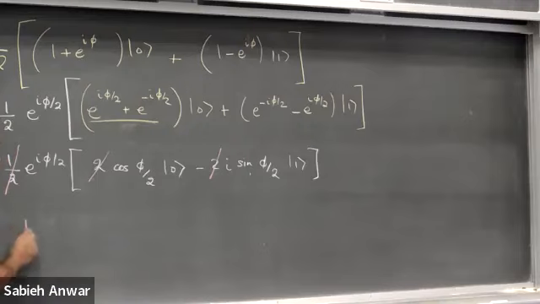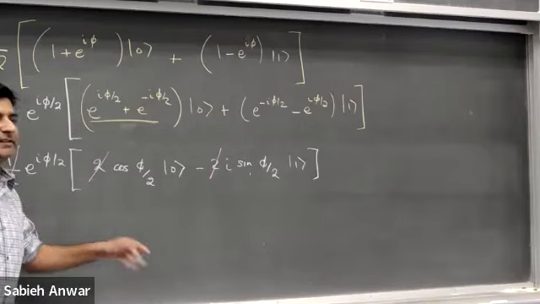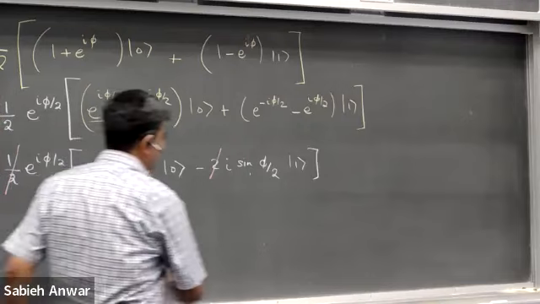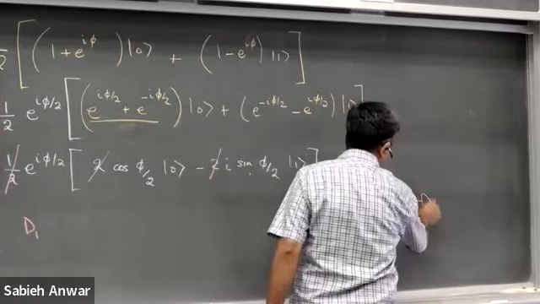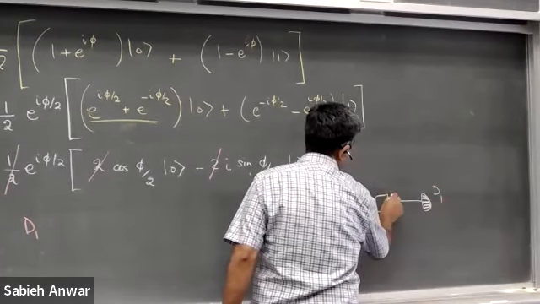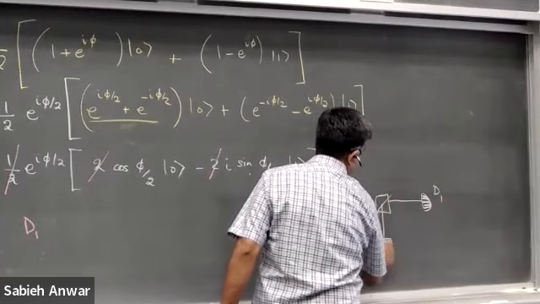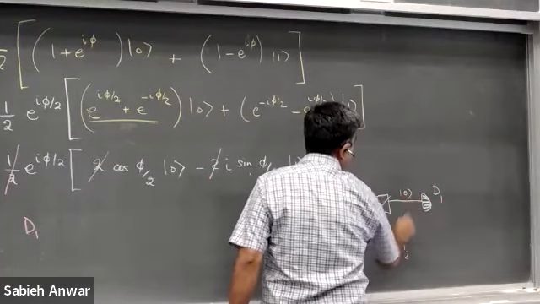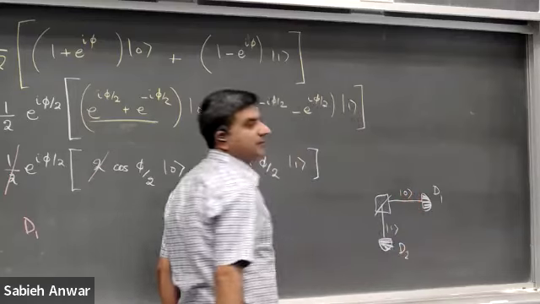What the first detector does is that it projects this state onto ket 0. So I have 2 detectors at the output, D1. This path is ket 0, this path is ket 1.